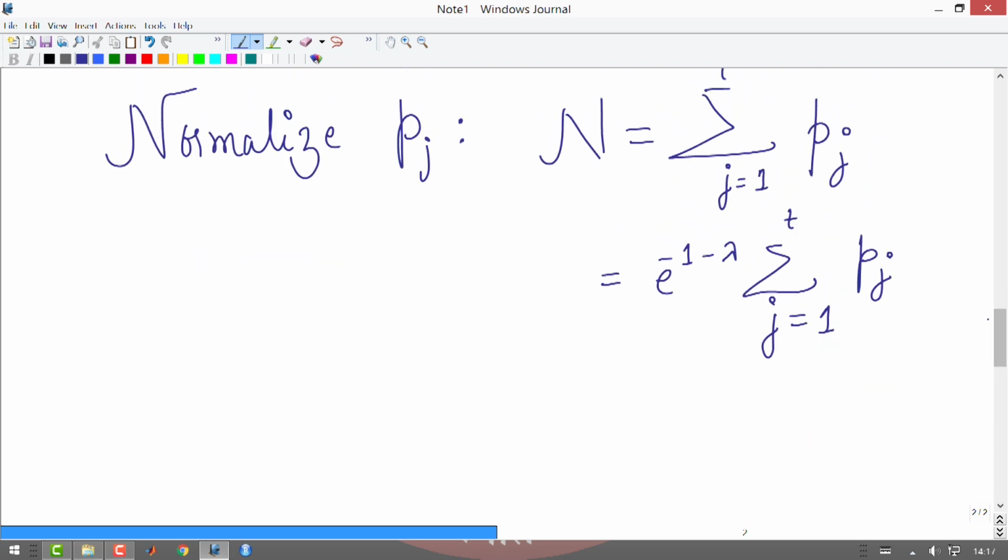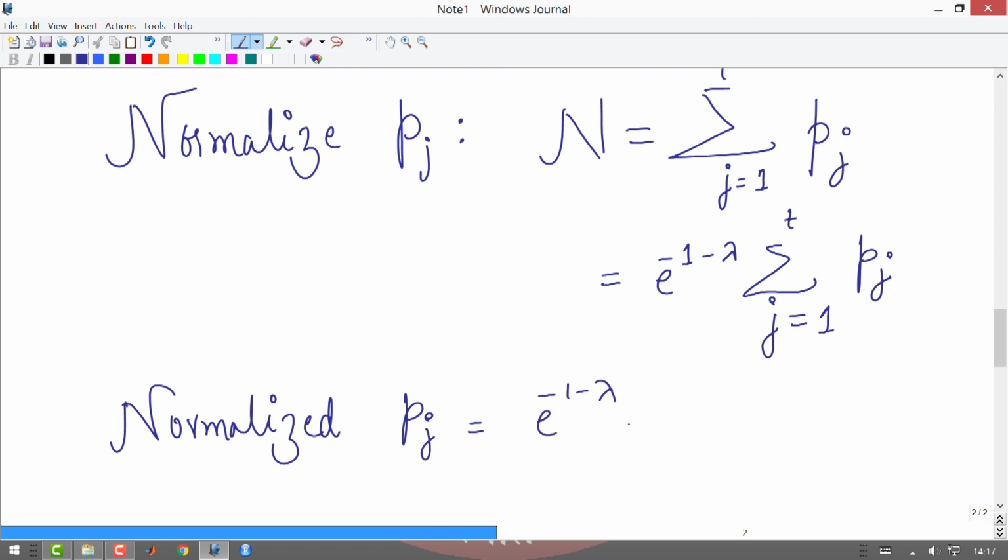So, with this normalization constant, our final normalized PDF becomes the unnormalized PDF, which is simply e raised to minus 1 minus lambda into e raised to minus beta times epsilon j, divided by the norm that we have just obtained.